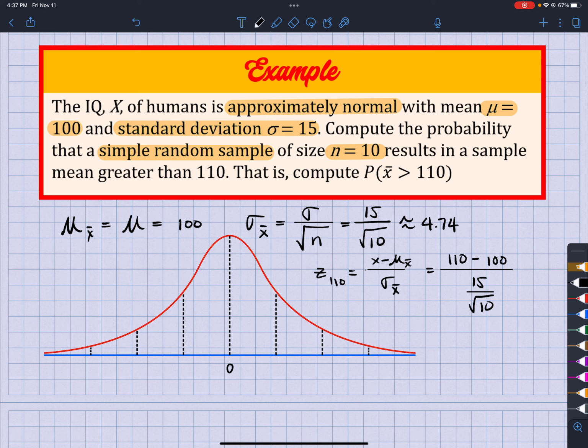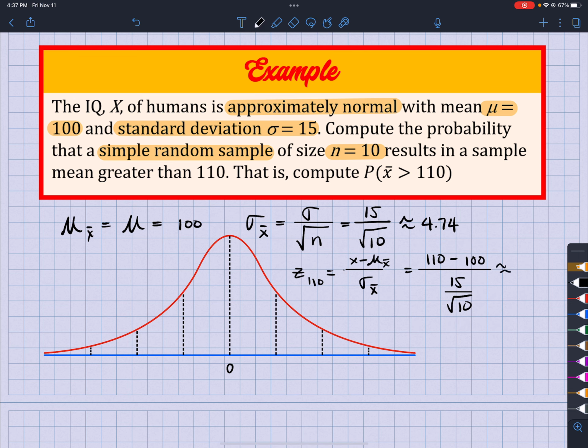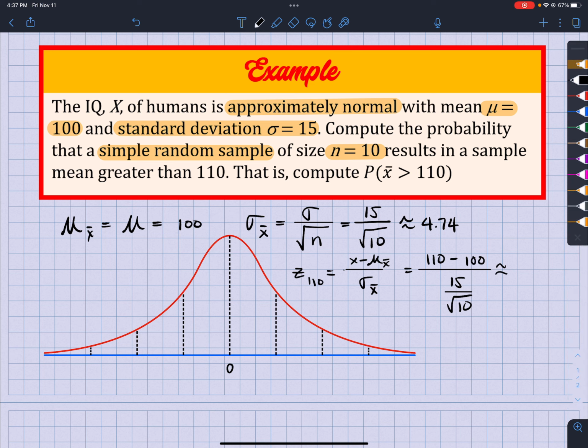And I get approximately 2.108. So it's going to be somewhere around right here.